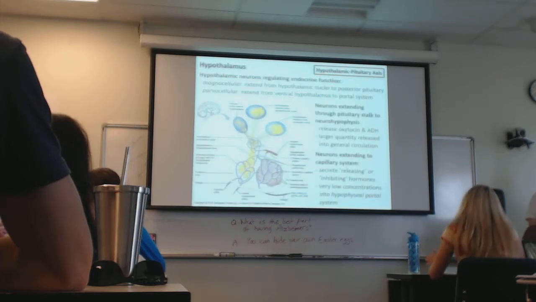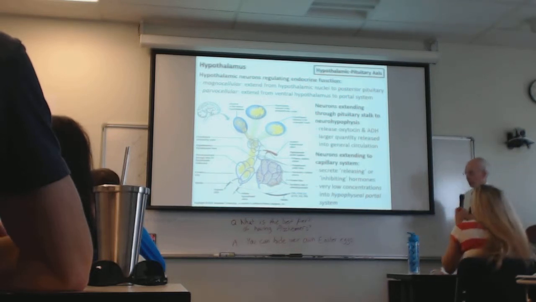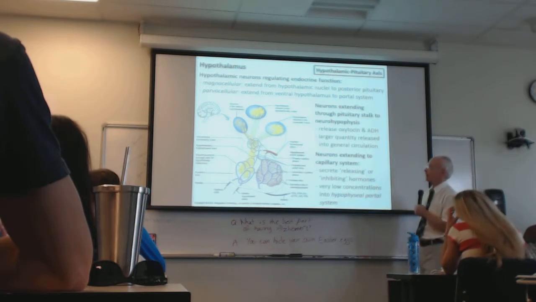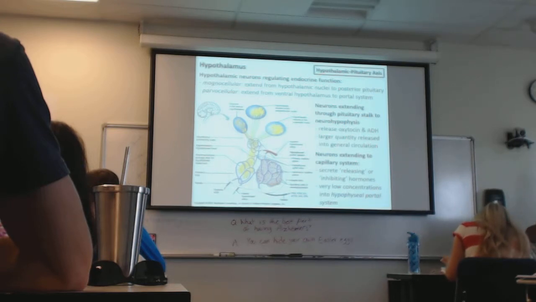So the way that we're going to break this down in very simple terms, we're going to differentiate big and small cells in the hypothalamus. We're going to call them magnocellular and parvocellular. Magno is big, parvo is small. These are our two fundamental classes of hypothalamic neurons.